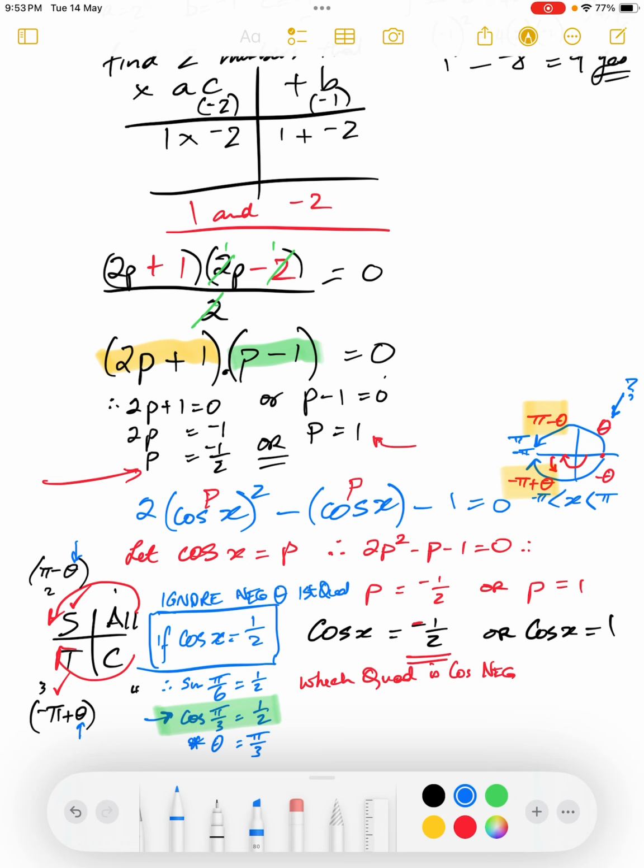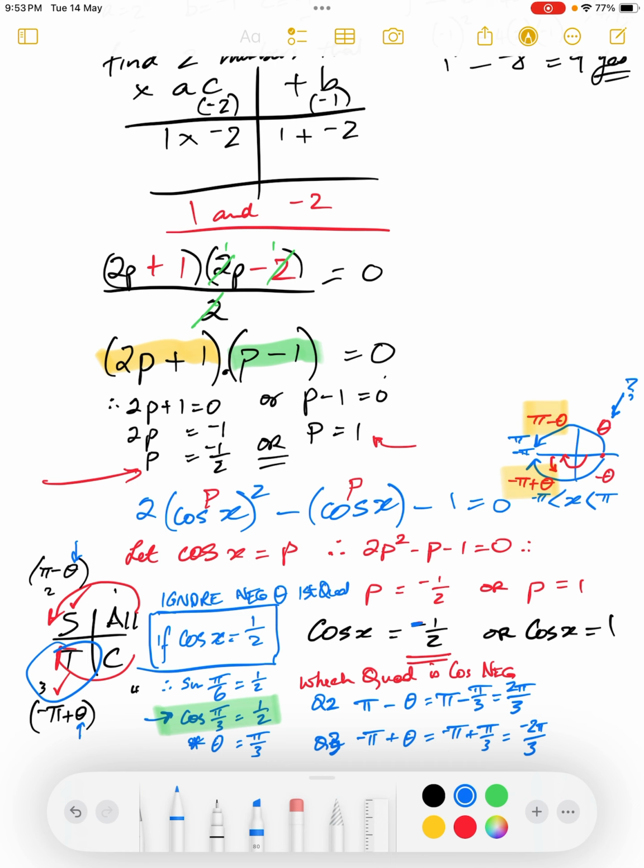And if it's quadrant 2, which is pi minus theta, it's pi minus pi over 3, so that's 2 pi over 3. And if it's quadrant 3, in this quadrant here, it is negative pi plus theta, which is negative pi plus pi over 3. So it's negative 3 pi over 3 plus 1 pi over 3, negative 2 pi over 3. Right, that's if cos is negative a half.